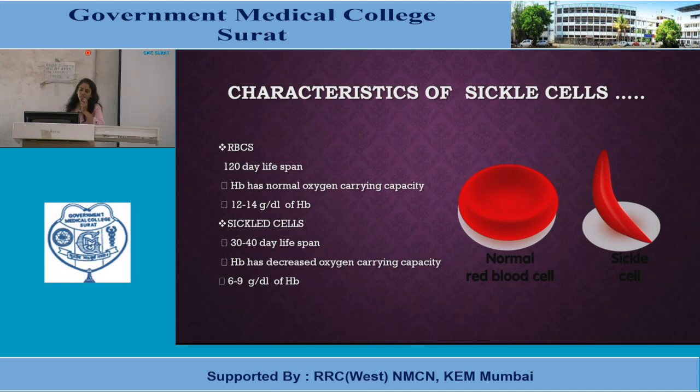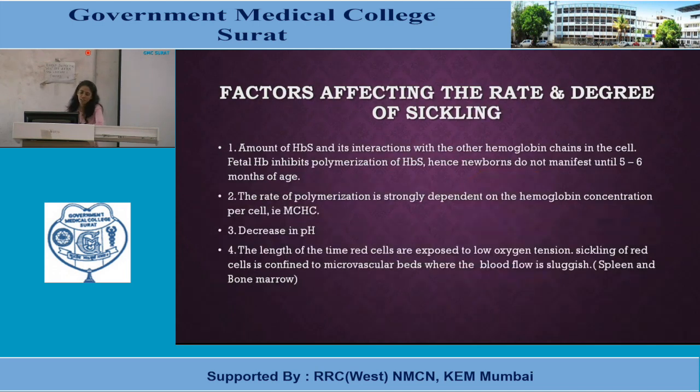The factors affecting the rate and degree of sickling: the amount of sickle hemoglobin and its interaction with the other hemoglobin chains in the cell. Fetal hemoglobin inhibits polymerization of the HbS. Hence, newborns do not manifest until 5 to 6 months of age. Normally, there are HbS and HbF.